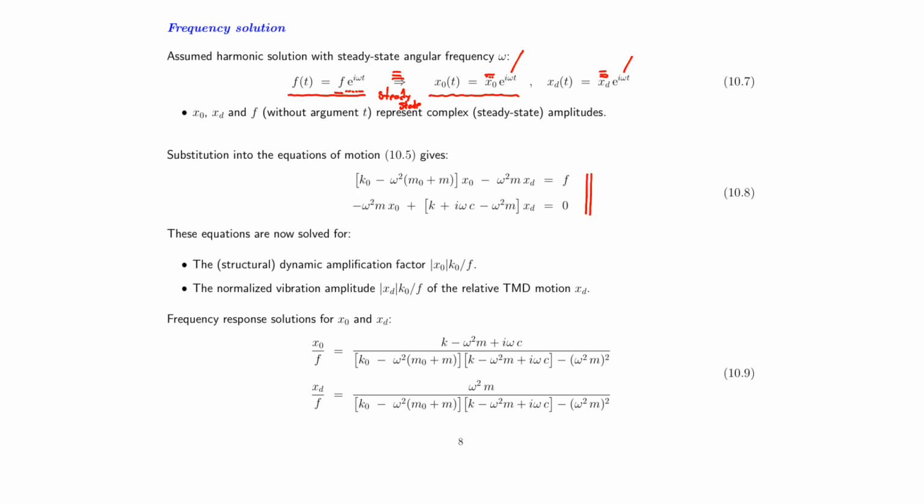Now, we would like to minimize x0, or actually it's the absolute value of x0 that we want to minimize by the TMD. But again, our concern is also not to get a too large TMD deflection, because inside the housing of the structure, inside the bridge deck, we also need some space for the TMD.